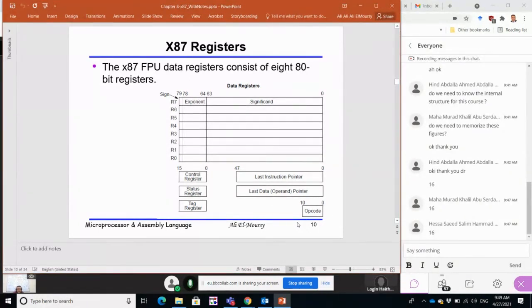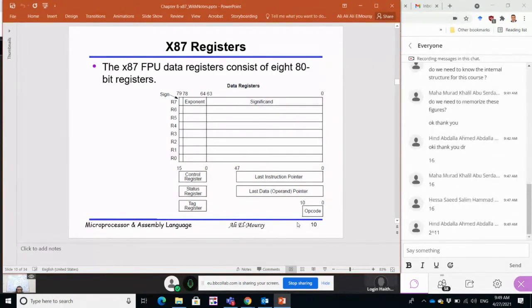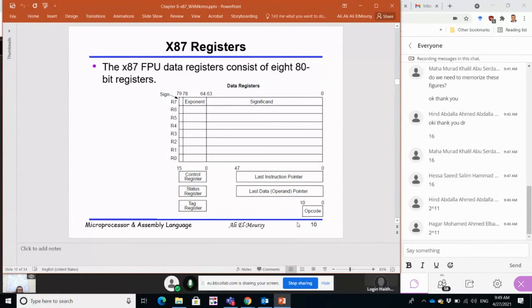So that means the instruction set architecture here can have up to what? Exactly, 2 to the power 11, which gives me 2048 different opcodes that can be programmed for the floating point. This is definitely a huge number of instructions. Not all of them are being used.